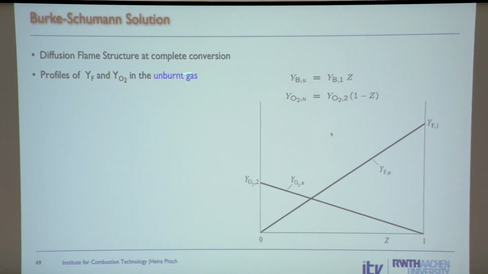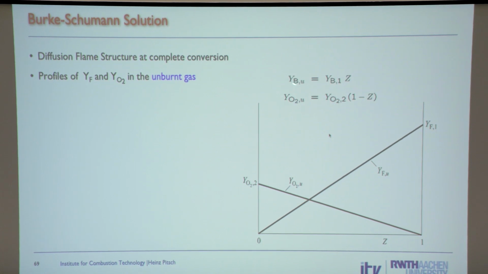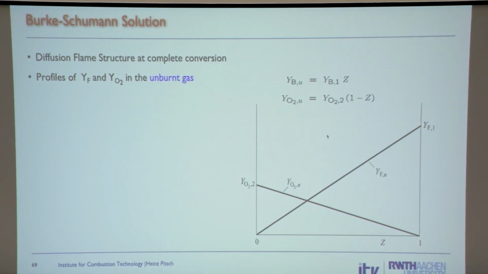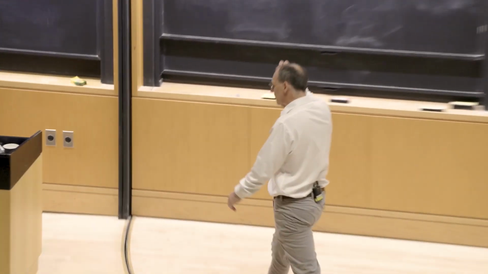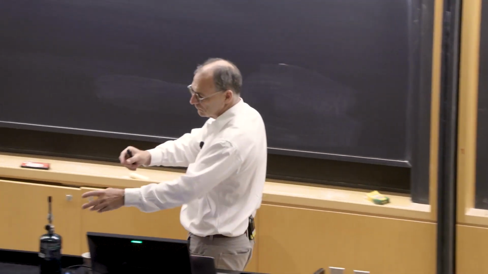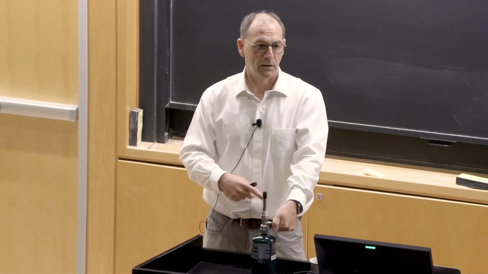Here we start out with two equations we had before, and they describe how fuel and oxygen depend on mixture fraction if it's not burning. This basically means I take my cigarette lighter, or here my torch, my Bunsen burner, and I just turn it on.